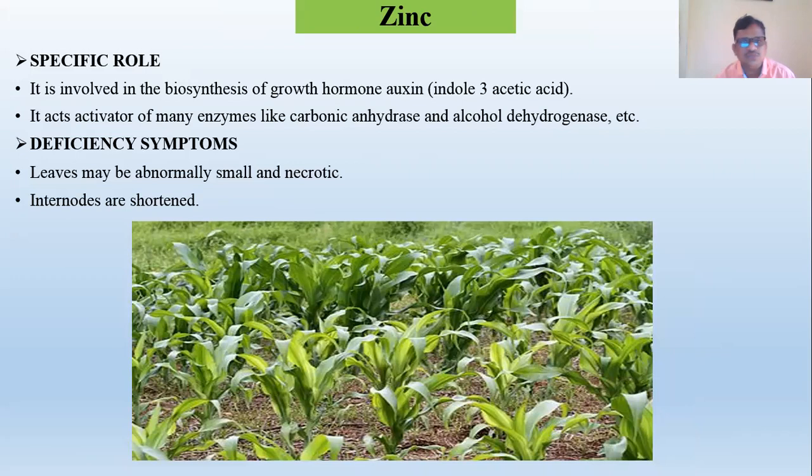That is zinc. Again, zinc is one of the important constituents for so many enzymes. When zinc deficiency is there, all those enzymes which require zinc as an activator are unable to work because of the absence of zinc.